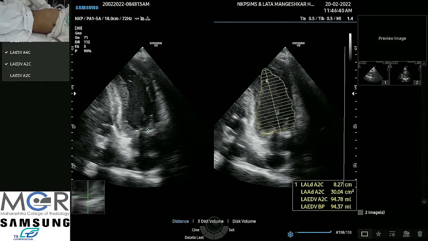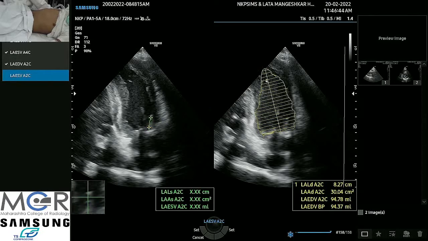This is systolic. Here we have used 2 chamber and 4 chamber views.